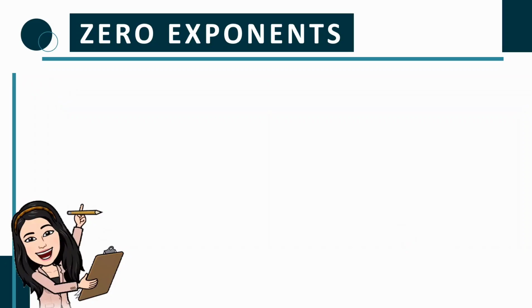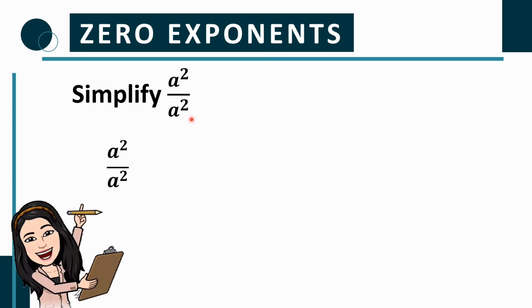In the process of performing the laws of exponents, it may result to a positive, negative, or zero exponents. So let us first discuss the zero exponents. Let's have this example. Let us simplify a square divided by a square. So this will be equal to, when it is expressed in a repeated multiplication, a squared is equal to a times a.